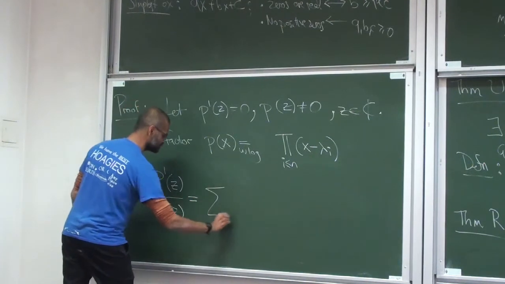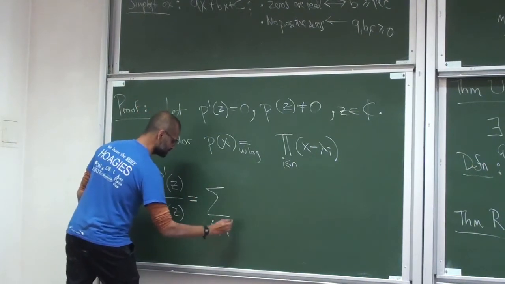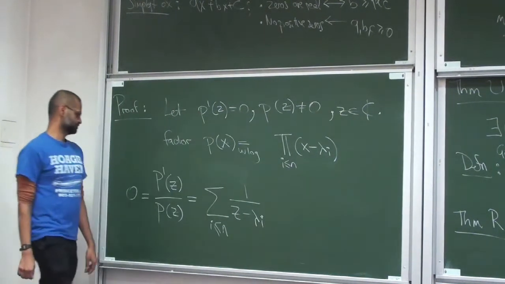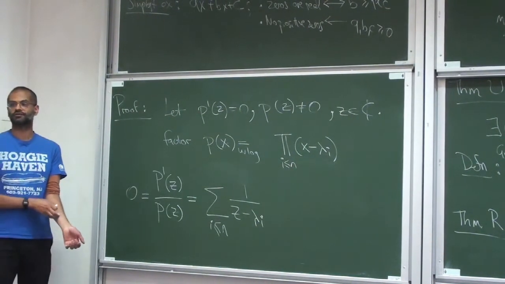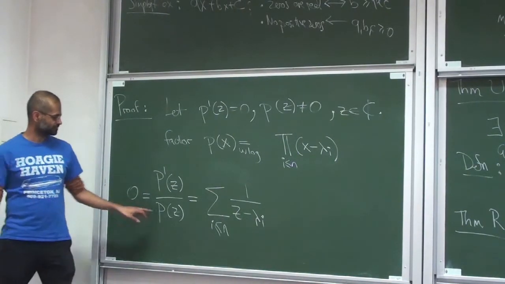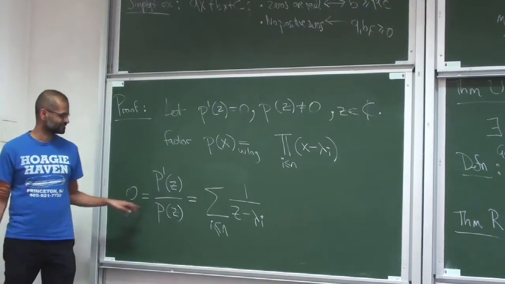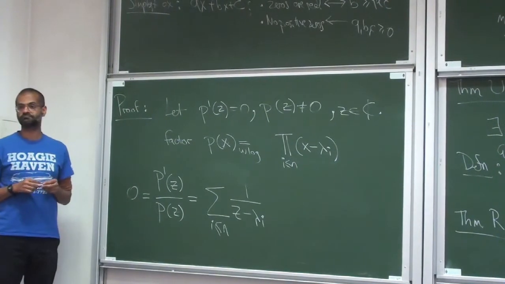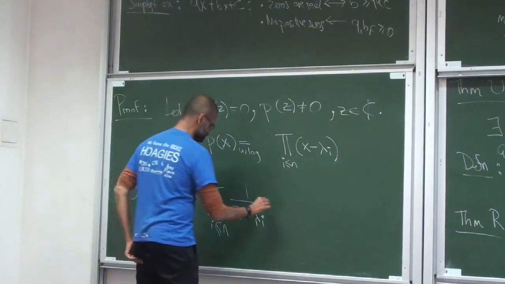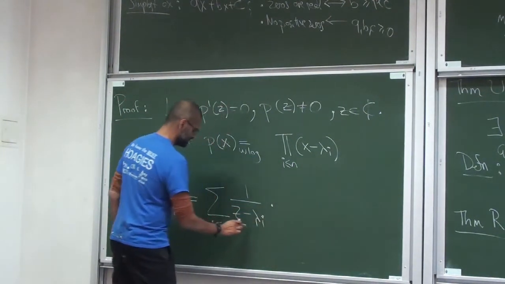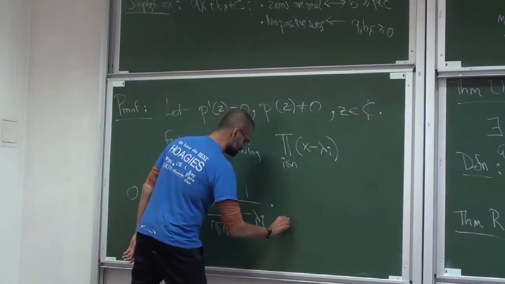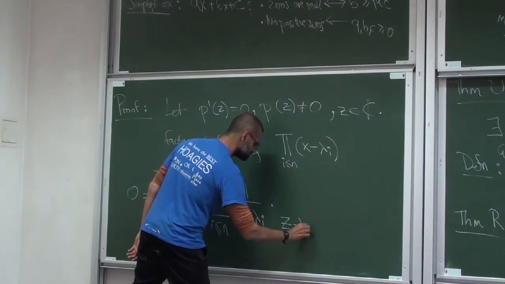This is the summation over i less than n of 1 over z minus lambda i. So I've expressed this rational function, which is 0 at this point z. Now z is not a 0 of p, so these are all not 0. It makes sense. So now I can just multiply it by the conjugate.